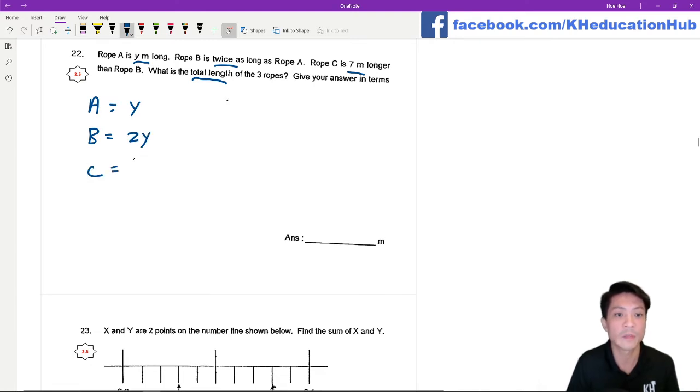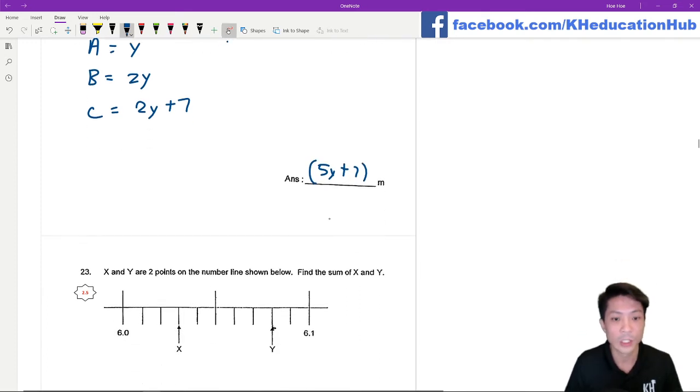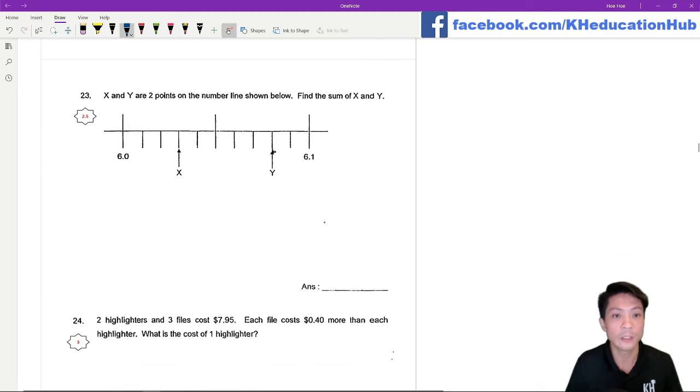Okay, C is 7 meters longer than B, which means that C will be 2Y plus 7. Okay, and then we're gonna add the total. The total is basically 5Y plus 7. Move on to the next question.